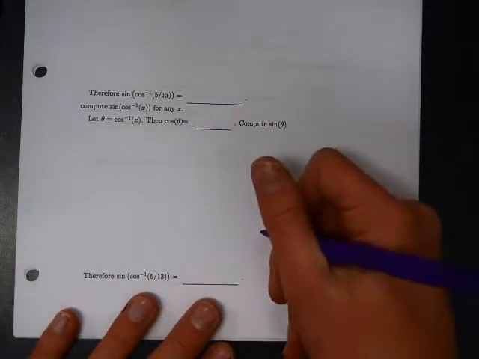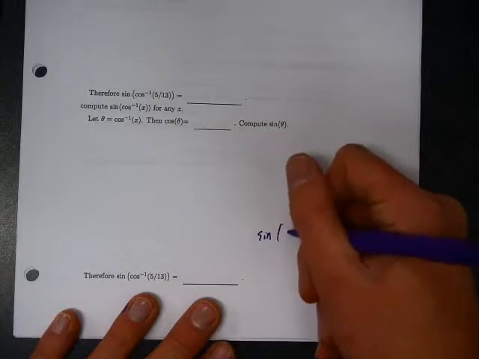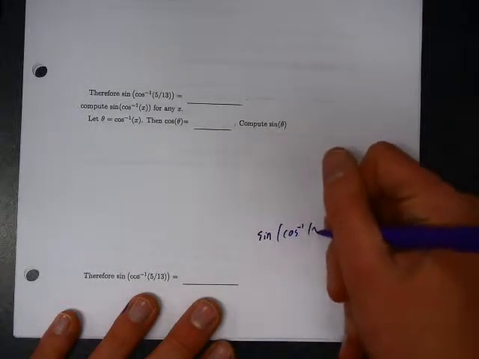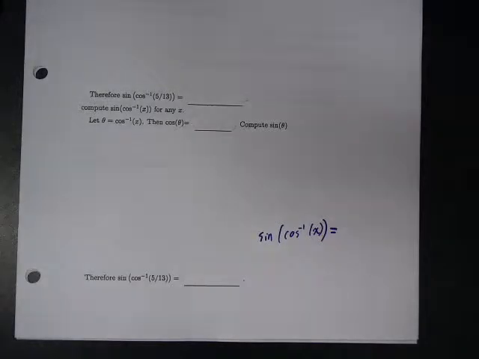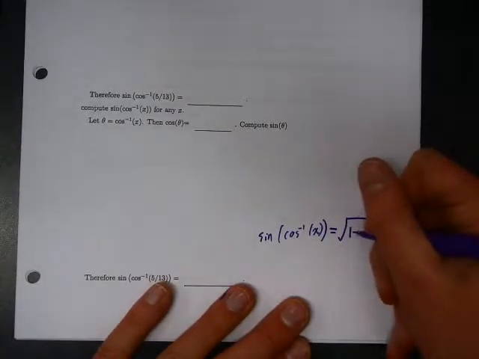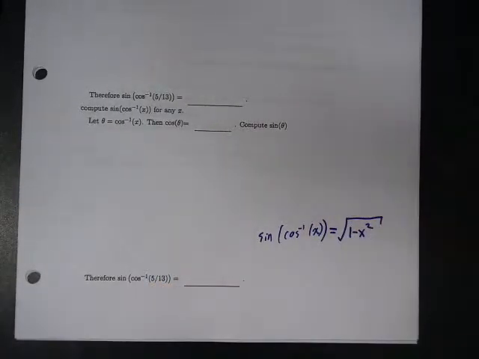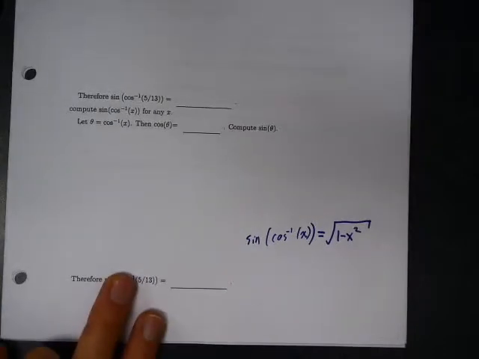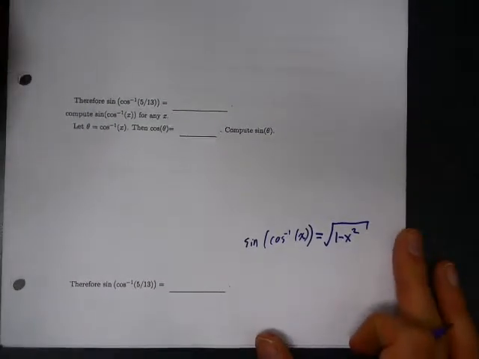So the formula that we'll get if we try to compute the sine of the inverse cosine of any number x. Any guesses for what we might get? You get literally the same thing. So I'll write down that formula.